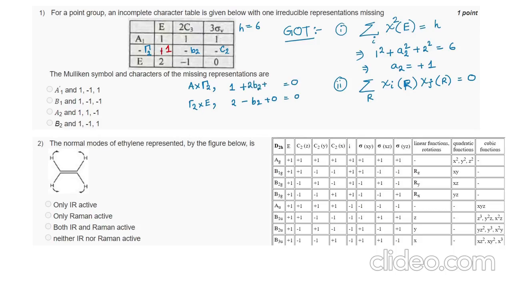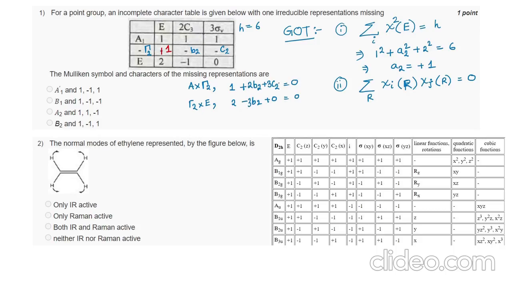And then there is 3C2. What about this now? This is again going to be 2 into 1, then minus 3B2, and then there is 0.